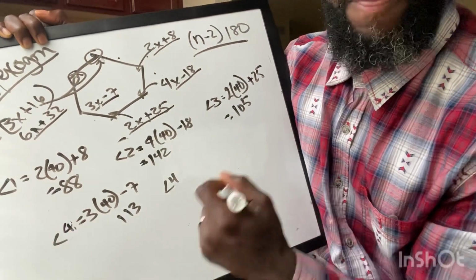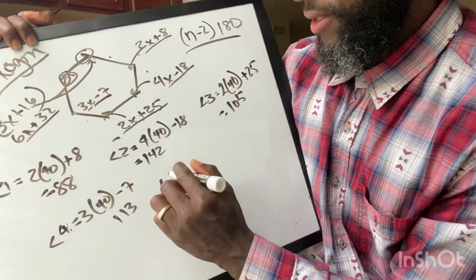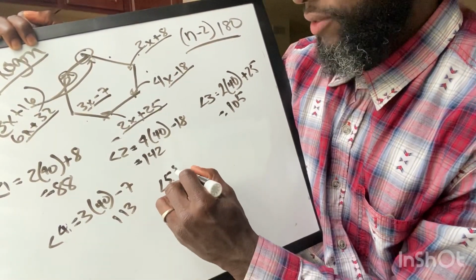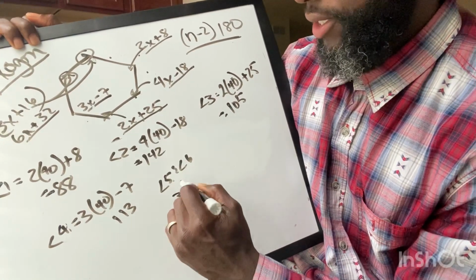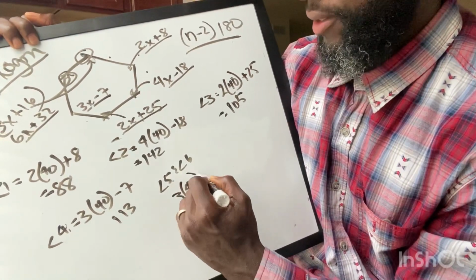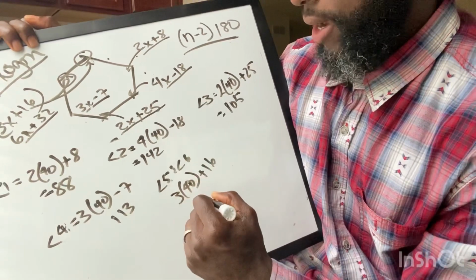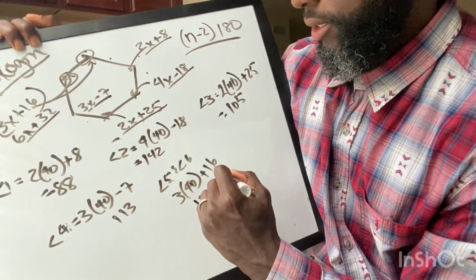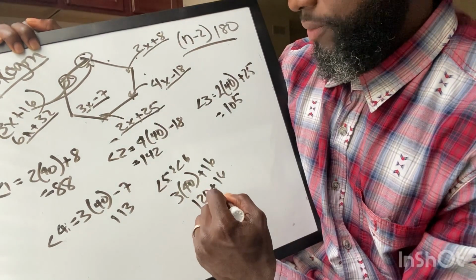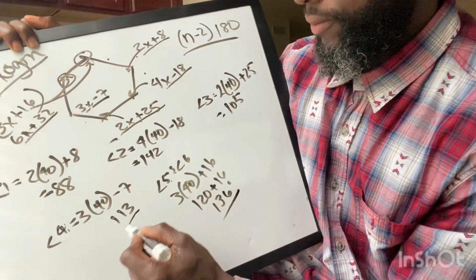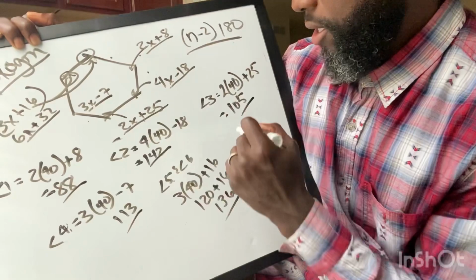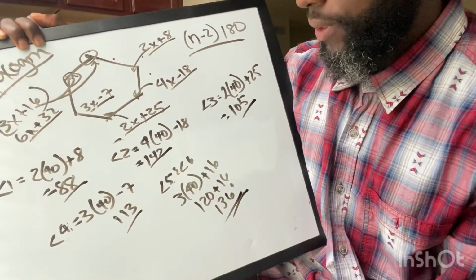All right, here you go. Angle 5 and angle 6 are the same. They are 3 times 40 plus 16. That's 120 plus 16, which gives you 136 twice. So you add all these angles together and you get 720.